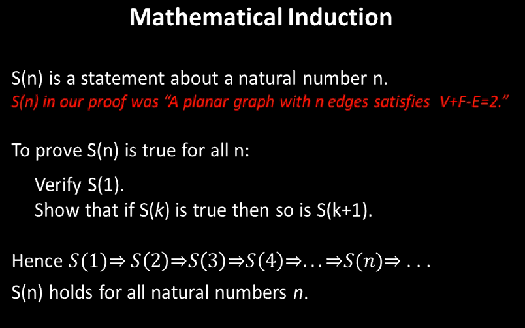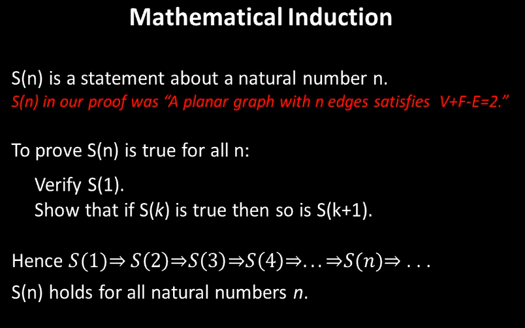I don't expect you to memorize this, but it is a really cool way to prove statements about the positive integers, or statements made about all natural numbers. Our statement was a planar graph with n edges satisfies v plus f minus e is 2, where n is any natural number. That's what we just proved.